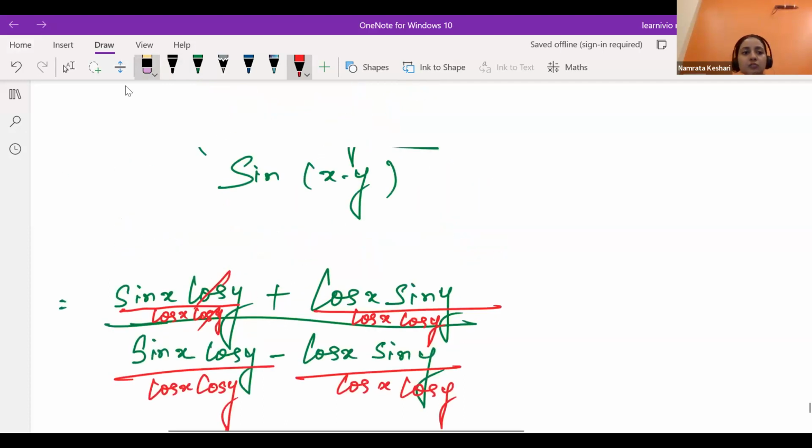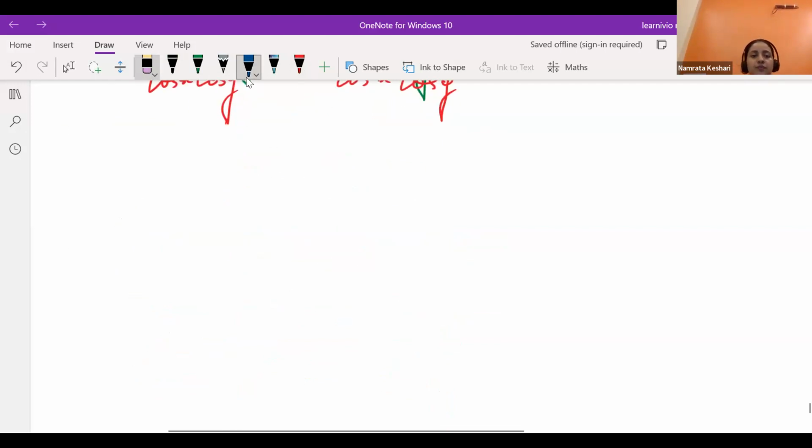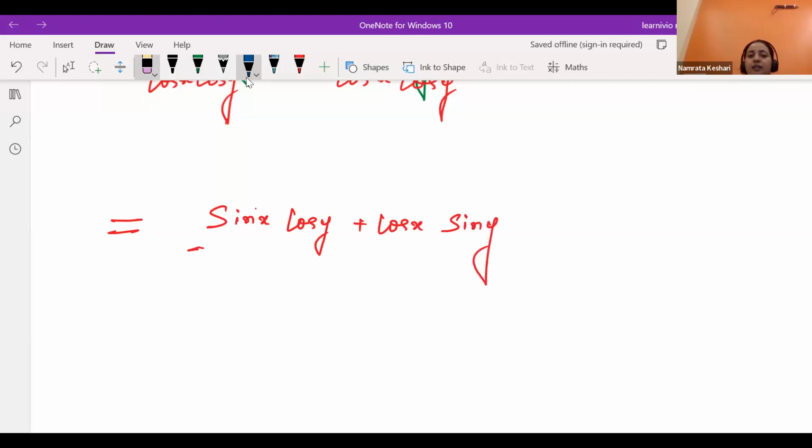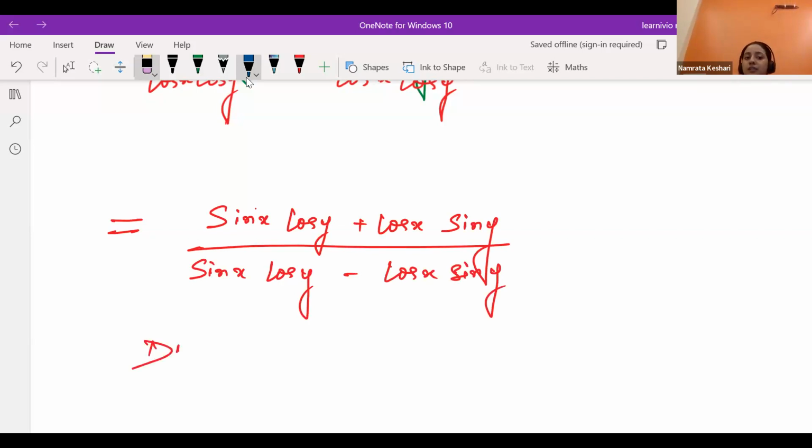Let's continue. So we had in the numerator the total formula, sin x cos y plus cos x sin y, and in the denominator the same formula with the negative sign, sin x cos y minus cos x sin y, and we are dividing the numerator and denominator.